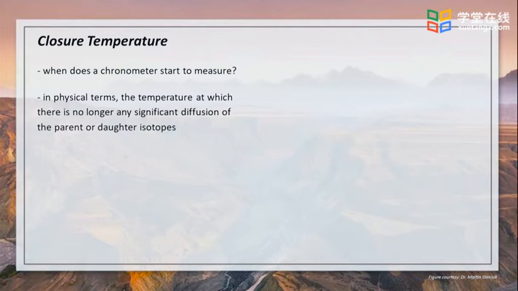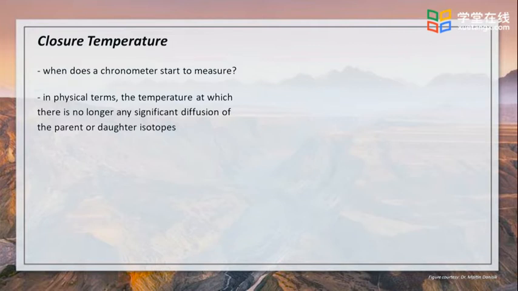In physical terms, the closure temperature is the temperature at which a system has cooled so that there is no longer any significant diffusion of the parent or daughter isotopes out of the system and into the external environment.